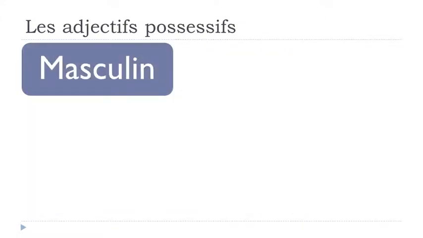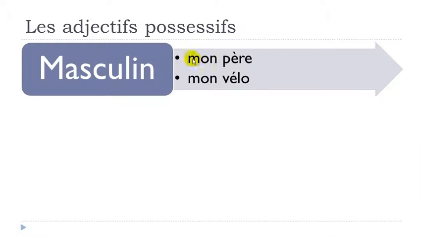So let's see a few examples now. For the masculine, mon père. Père means father. Father is masculine, and so you will put mon père. You put here the masculine adjectif possessif, my father, just because father is masculine.